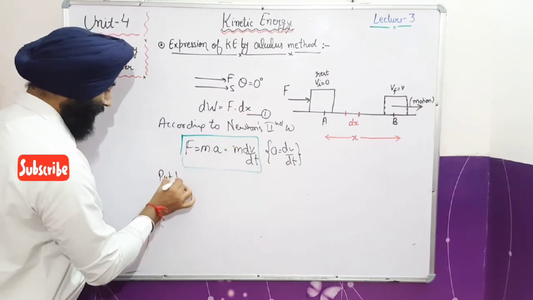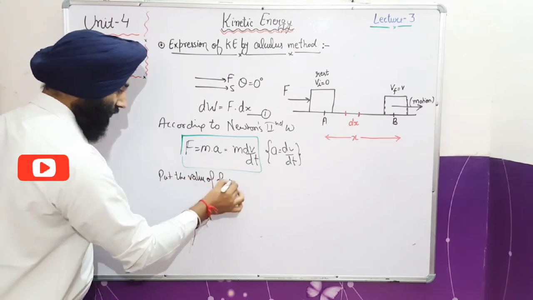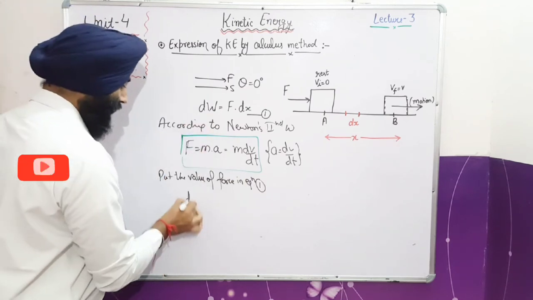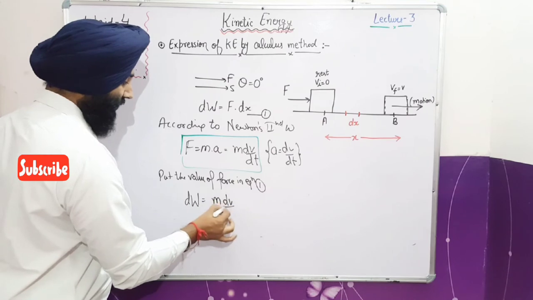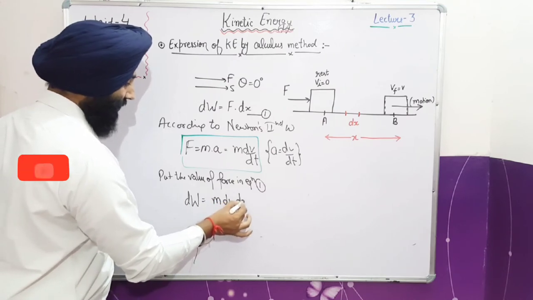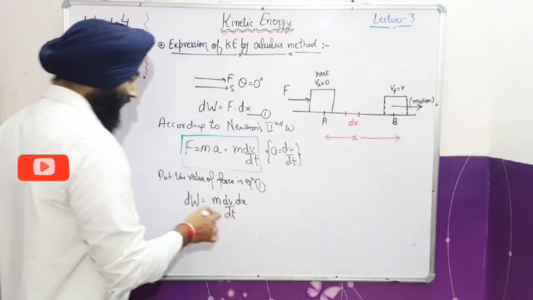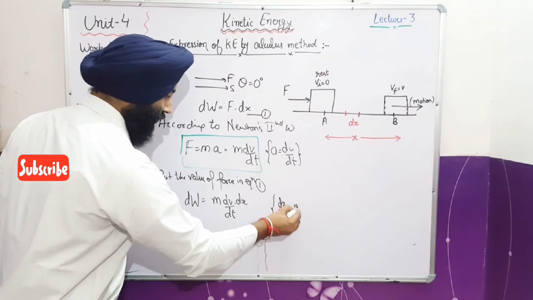So put the value of force in equation 1. Then what will happen? The value of work done becomes, the value of force is m dv by dt, and we have dx. Fine. Or we can write, we know that dx upon dt, change in displacement upon time, is what? Velocity.